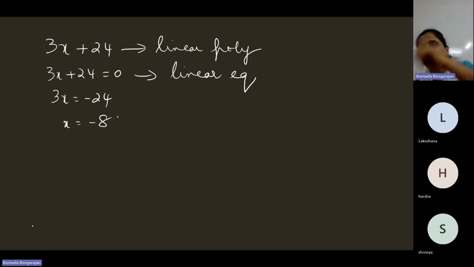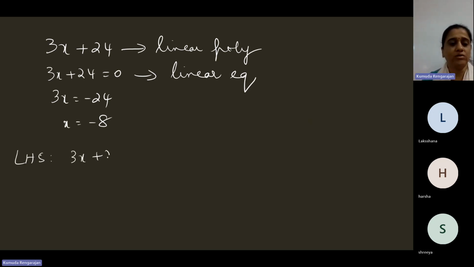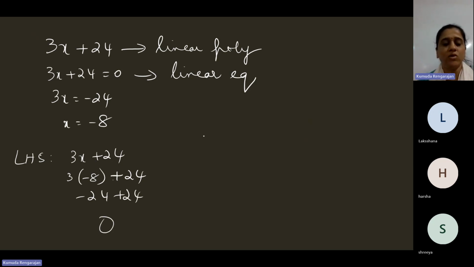Zero is associated with polynomial; solution and root, these two terms are associated with equation. Now x is minus 8. Let's take the LHS, 3x plus 24, and in place of x, we'll use minus 8. So minus 24 plus 24 is 0. And what's the RHS? 0. So LHS is equal to RHS.